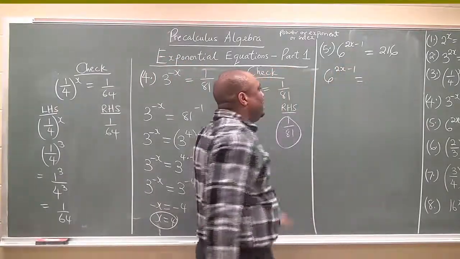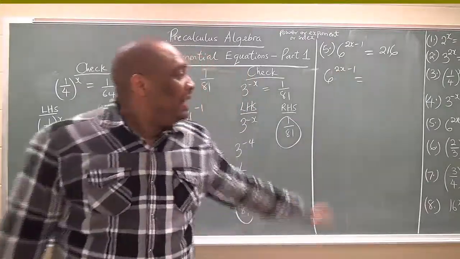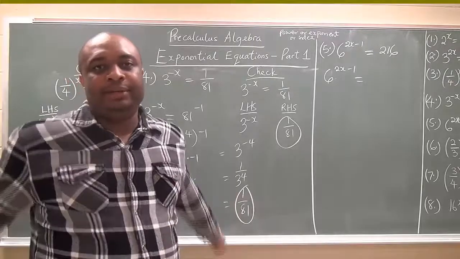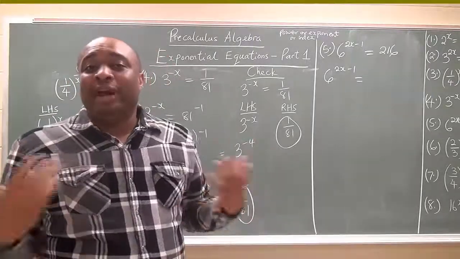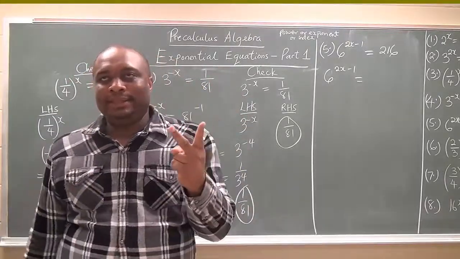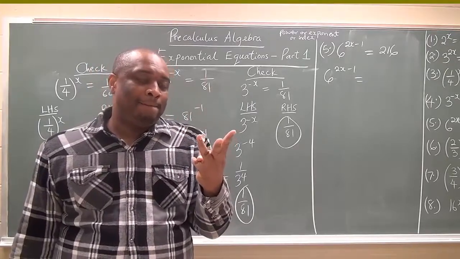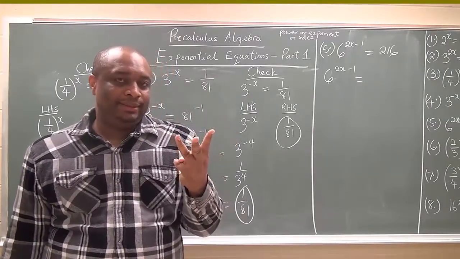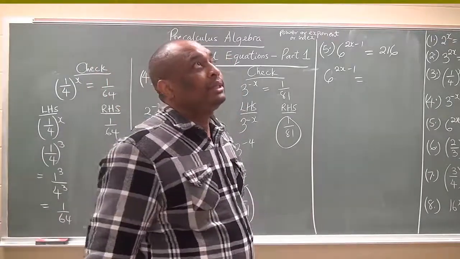Please don't be scared now that you see that expression as your exponent on the left-hand side. Don't be scared. Do what you have been doing. 216 is what? 6 times 6, 36. 36 times 6 is 216, yes.